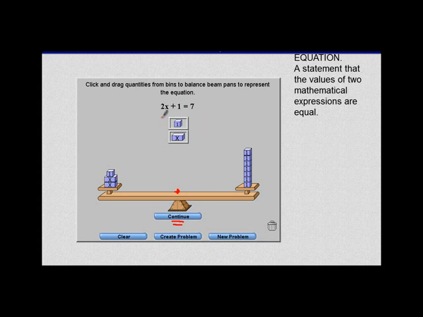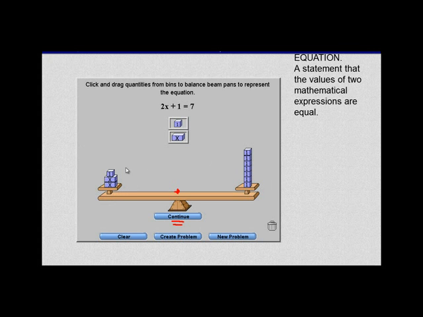Now, there are some properties that we can say are self-explanatory that we are going to use in order to deal with equality. For example, it doesn't matter if I put all these 7 units at the left-hand side of this balance and I switch that with the 2x plus 1.